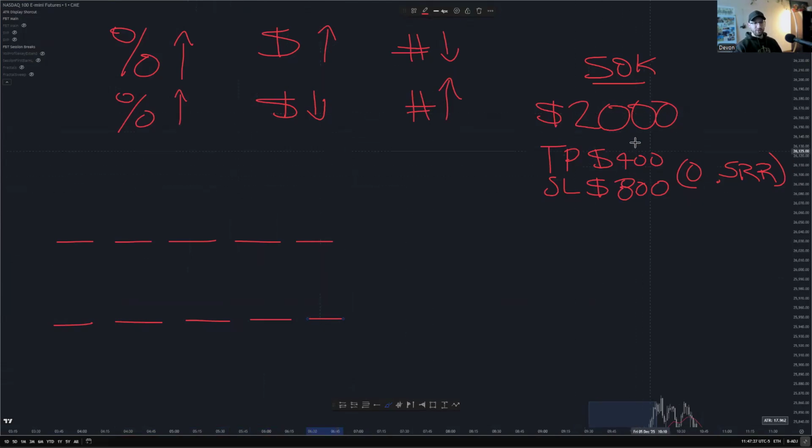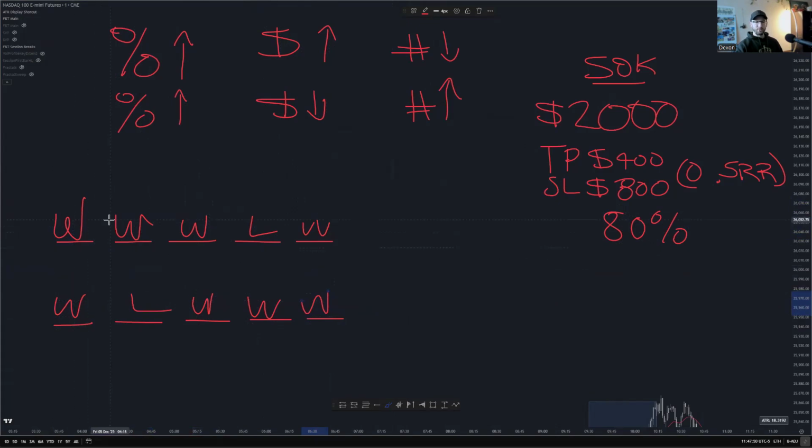So if every single trade I win 400 and I lose 800 when I lose, and say the strategy is 80%, out of 10 trades there's going to be 2 losses. I don't know where they are. I'm randomizing them. Every other trade is going to be a winner.